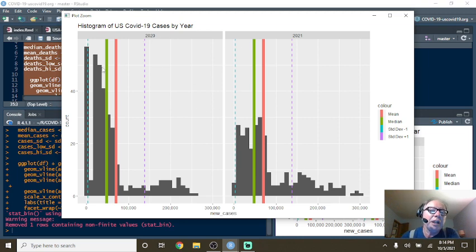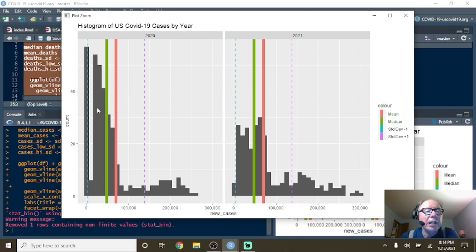Now, to me, the first thing we notice is, as we say in statistics, these are unsymmetric. They are both right skewed. The dash numbers represent plus and minus 1 standard deviation. The green line is the median, and the red line is the mean, or the average.